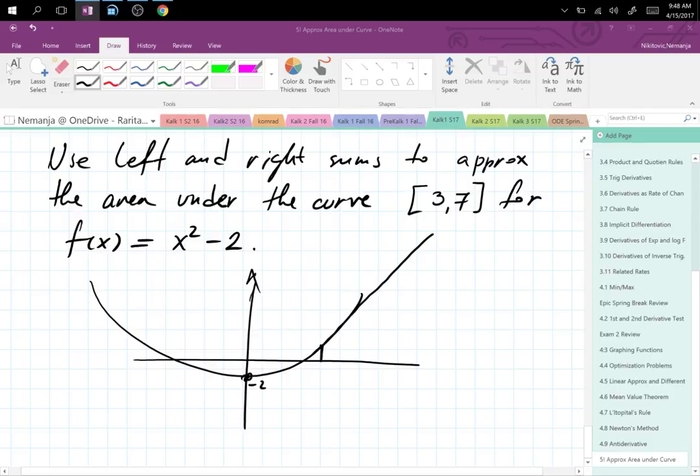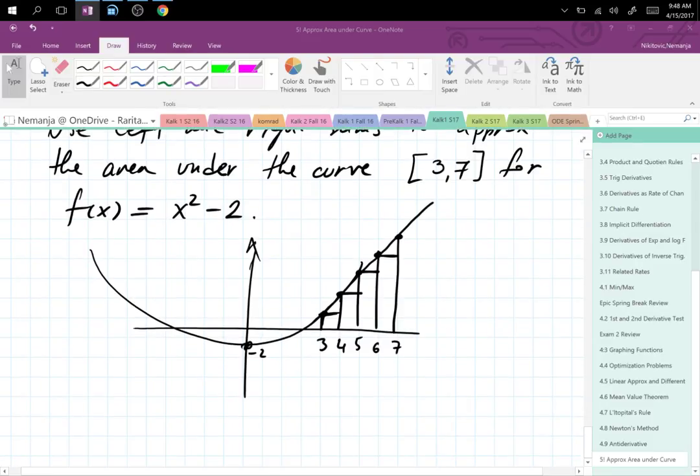And I'm going to say, okay, 3, 4, 5, 6, and let's say 7. Using the left points, it's going to create rectangles. And I see immediately that delta x is equal to 1. You don't have to do anything fancy, right? Delta x is 1 because you decided to have 4 rectangles because it was convenient.